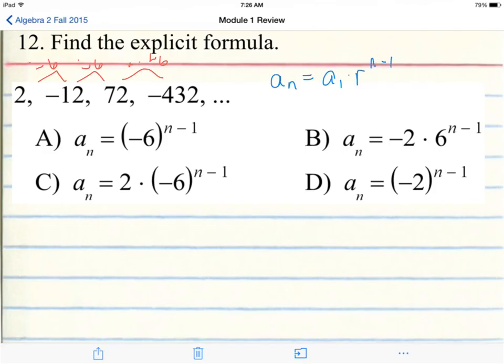Now if I want to write an explicit formula that's specific to this pattern, I'm going to have to substitute in the values that we have for a_1, which is 2, the first number in the pattern, and the r value, which stands for the common ratio, negative 6, the number that we're multiplying by each time to generate the next number in the pattern, and then raise it to the n minus 1 power. And that's going to be our answer. So C is our correct answer.